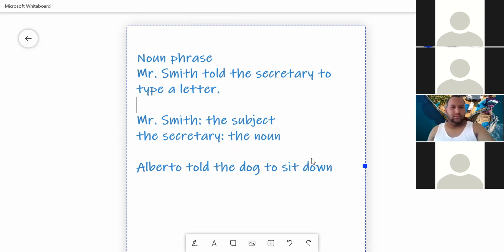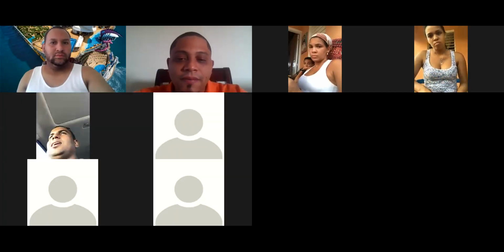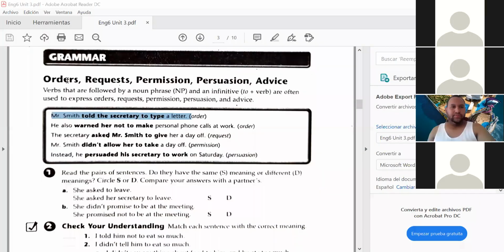We're trying to explain what a noun phrase is. And we are saying that for you to create a sentence expressing advice, expressing persuasion, or any of the options that we have in here, look, any of the options here, order, request, permission, persuasion, or advice, you need to have the two elements.